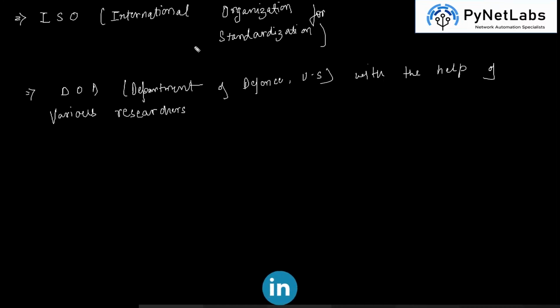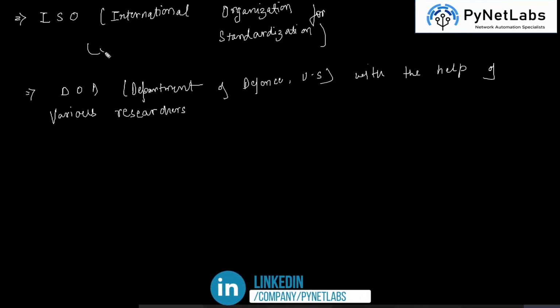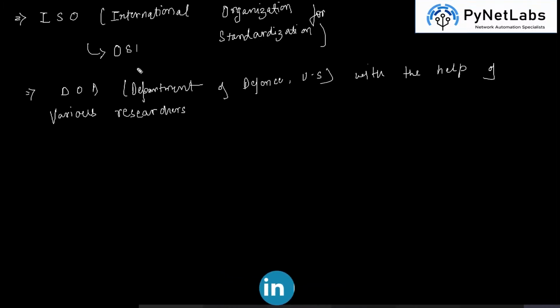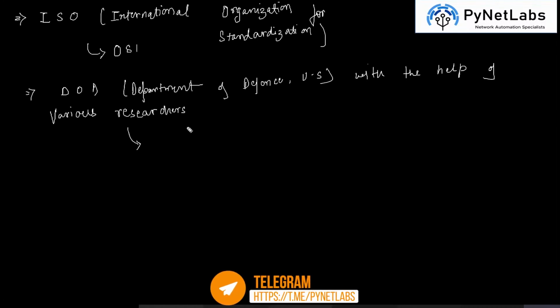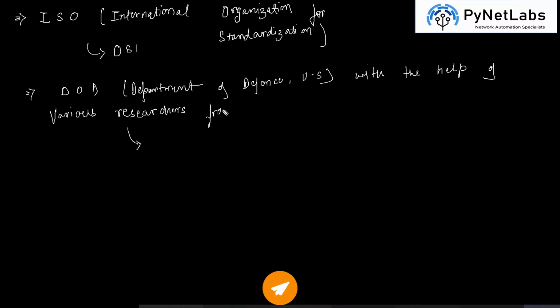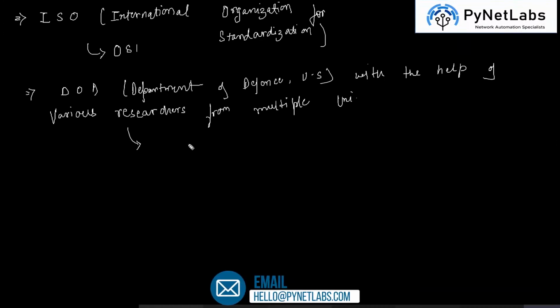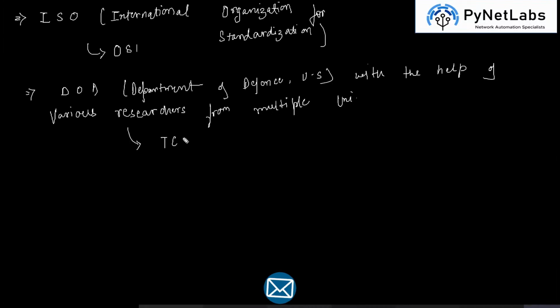Now, this ISO ended up making OSI, which we just discussed, open system interconnection, and these DoD individuals, with the help of various researchers from multiple universities, ended up with something known as TCP/IP, which we are still using and which dominates the networking models.